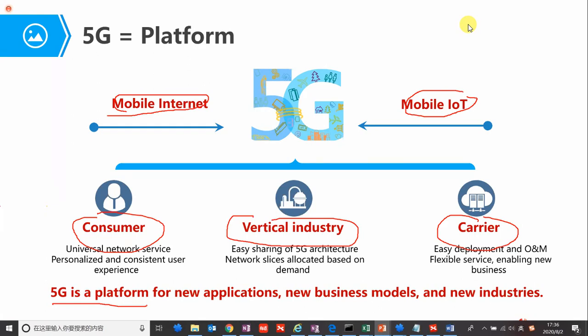So we can use our 5G network to control the machine or control the tank remotely to realize automatic driving in the coal or mine. Yeah. This is why we say 5G is the platform.